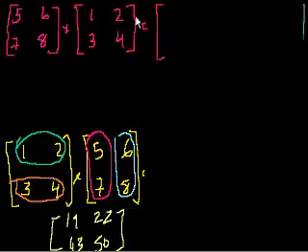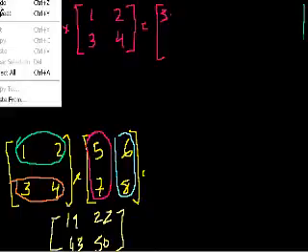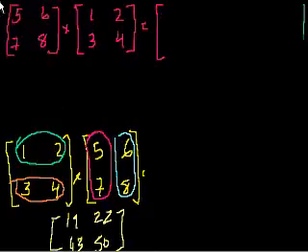So this first term gets its row information from the first matrix, column information from the second matrix. So it's 5 times 1 plus 6 times 3. So it's 5 times 1, so it's 5 plus 6 times 3, which is 18.